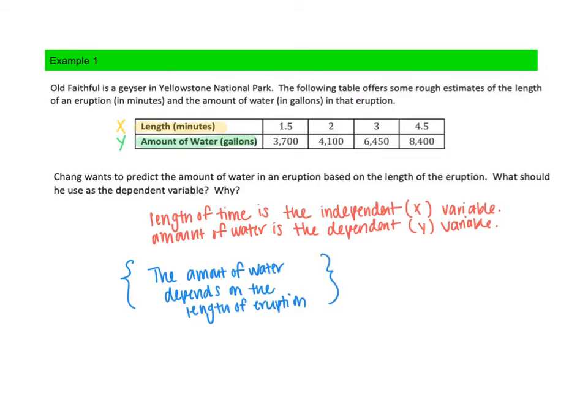That's my little explanation, okay? So this is the first step we have to complete in order to create a scatter plot, create a line of best fit, create an equation for that line of best fit, and then use that equation to make predictions. We have to know what's dependent, what's independent, because that changes how we're going to draw our graph. Okay, let's go ahead and continue on to the next page.